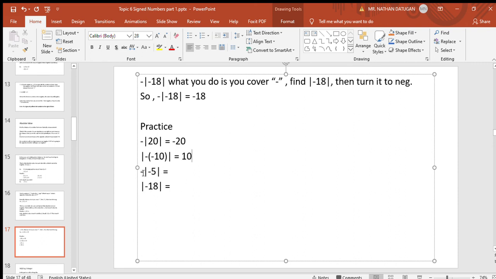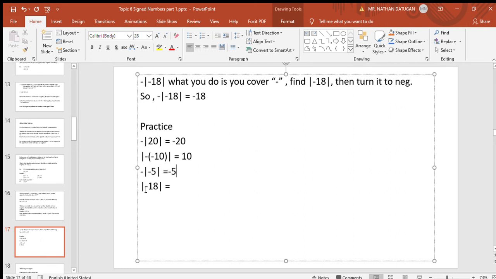Now let's have another one. What is the opposite of absolute value of negative 5? Again, you cover that negative outside first, and you figure out what's the absolute value of negative 5. Now that's 5. You're going to turn that to negative, and you get negative 5.